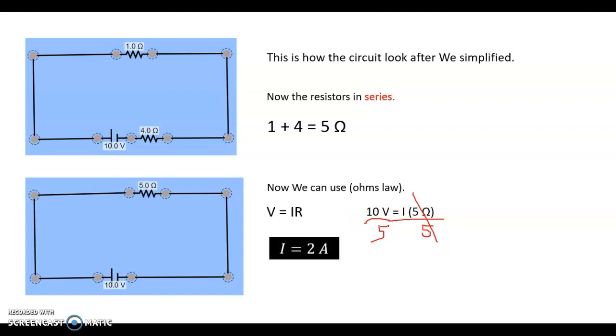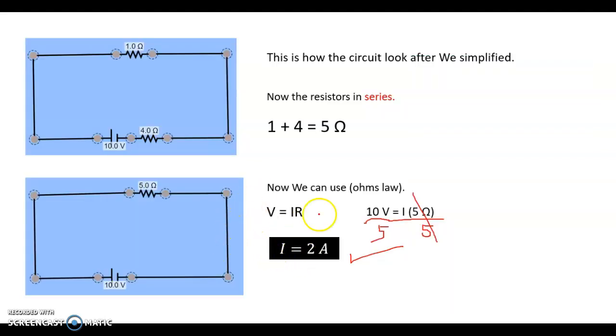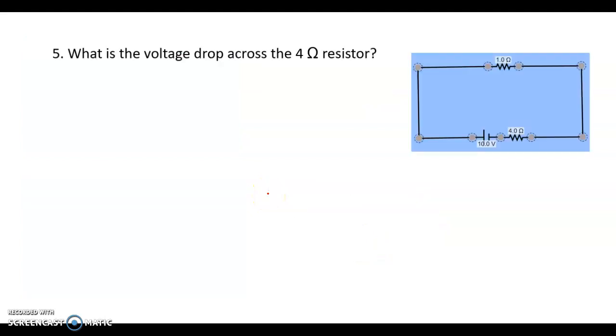Current equals 10 over 5, which is 2 amperes. So now we have solved question number 4. It is the same value we got when we used the simulation. But in the exam, we have to follow this rule by solving it mathematically.